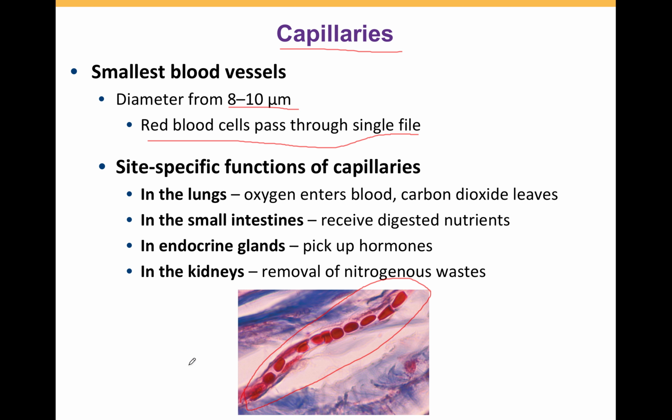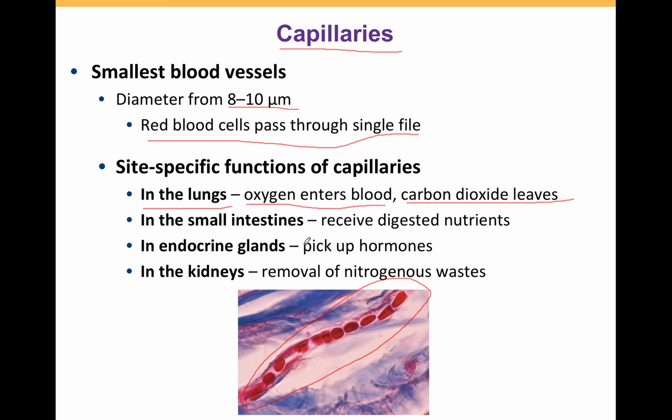Depending on their location, they actually carry different functions. So for instance, when you think about your lung tissue, where the gas exchange of oxygen and carbon dioxide takes place, having these capillary networks allows the oxygen to enter the blood from your lungs, and carbon dioxide to be removed and eventually exhaled out.